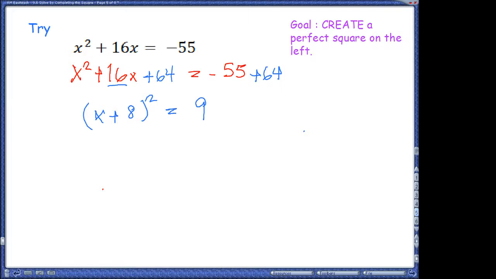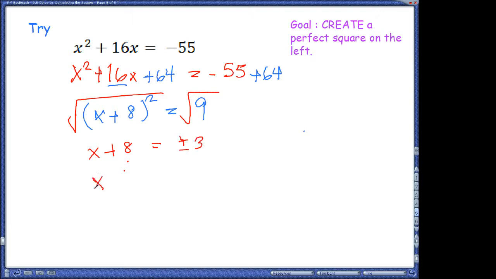We now must find the square root of both sides. The square root on the left and the square root on the right gives us x plus 8 is equal to positive or negative 3.